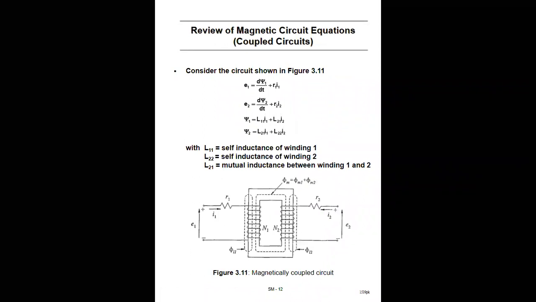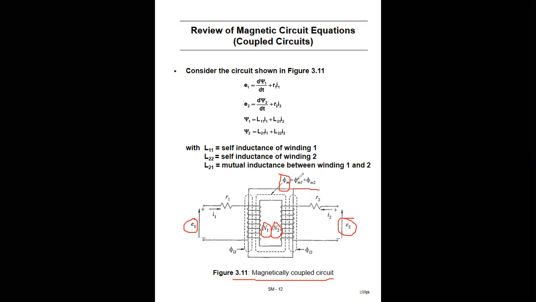Now consider a magnetically coupled circuit. So in this, once again we consider the diagram for the magnetically coupled circuit. Here E1 is the primary side induced EMF, E2 is the secondary side induced EMF, N1 is the number of turns on the primary circuit and N2 is the number of turns on the secondary circuit. Psi is equal to the summation of the two fluxes in the magnetically coupled circuit.